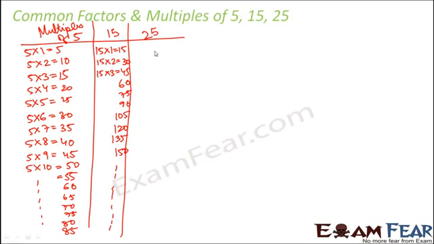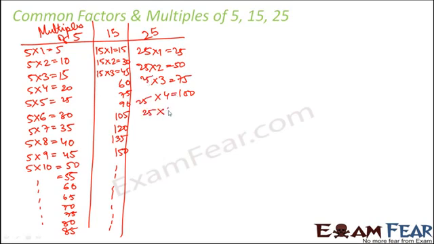Again, when you write down the multiples of 25, it starts with 25 into 1, which is equal to 25, then 25 2s are 50, 25 3s are 75, 25 4s are 100, 25 into 5 is 125, 25 into 6 is equal to 150 and so on.